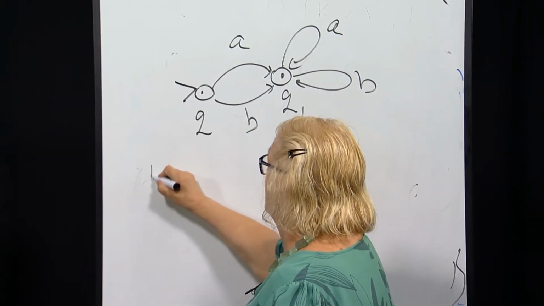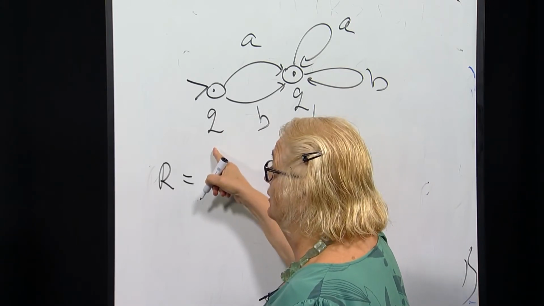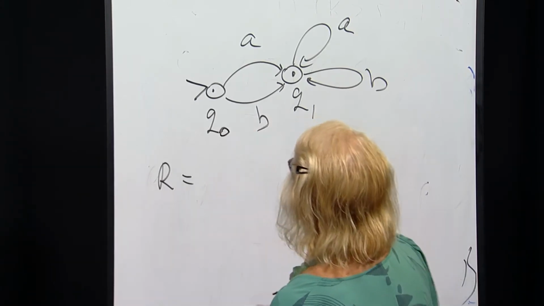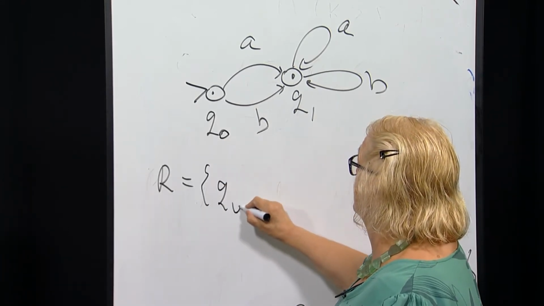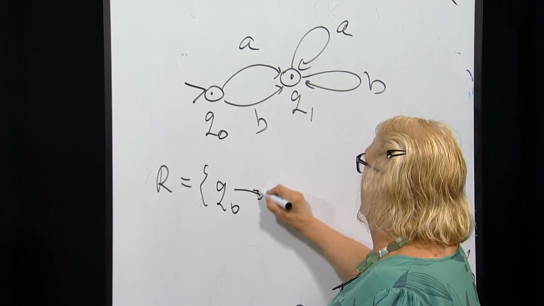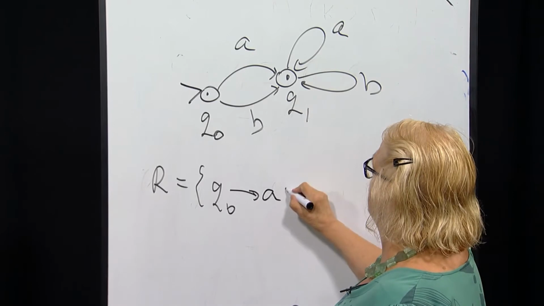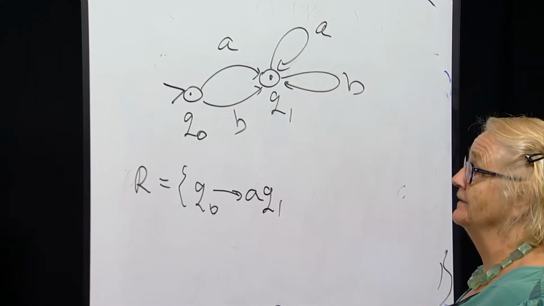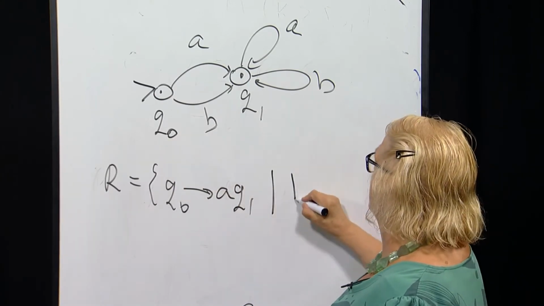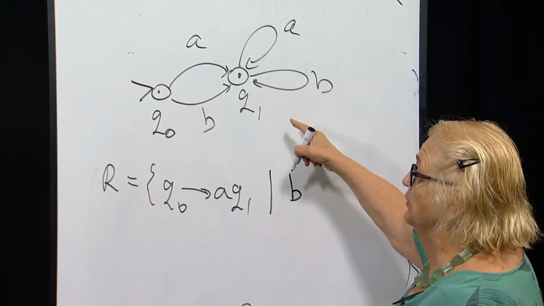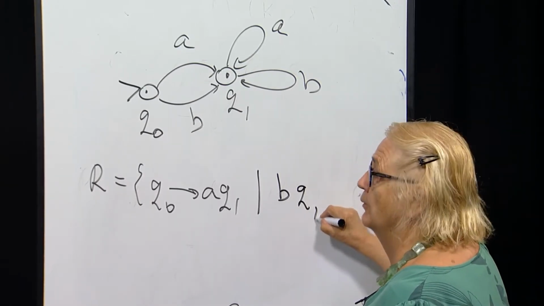You read the rules of the grammar: in the state Q0, read A and go to the state Q1. And in the state Q0, you read B and you go to the state Q1.